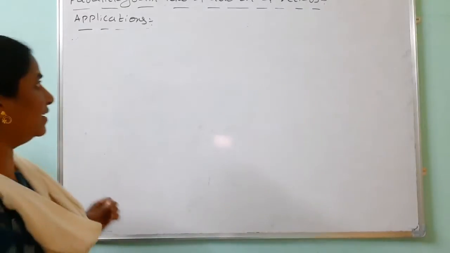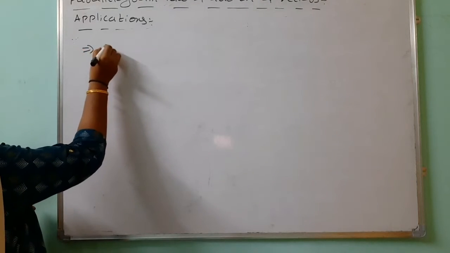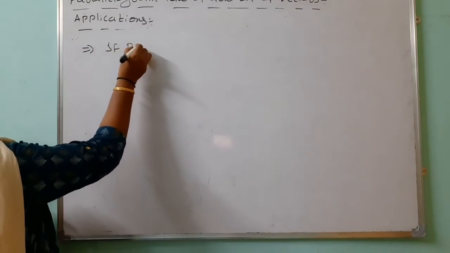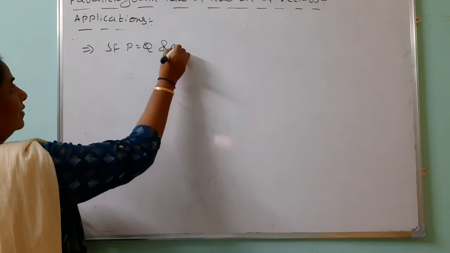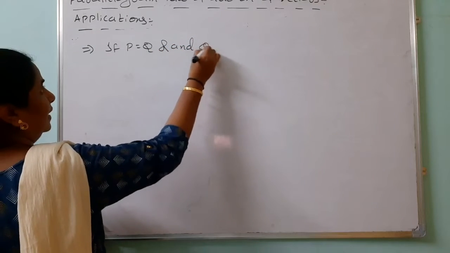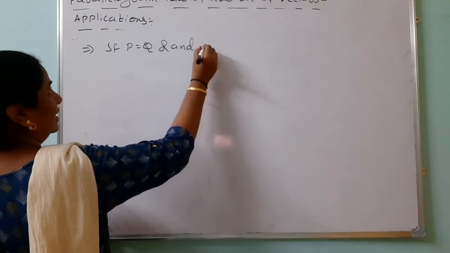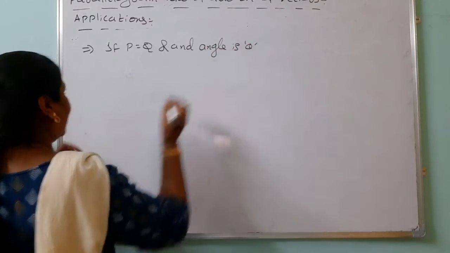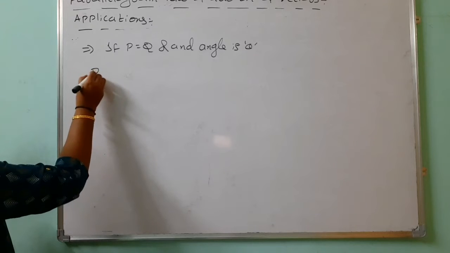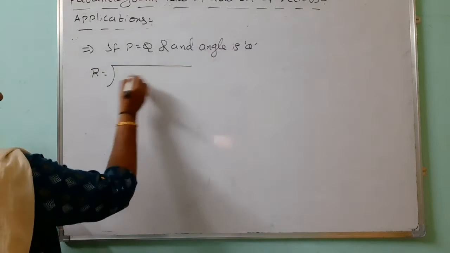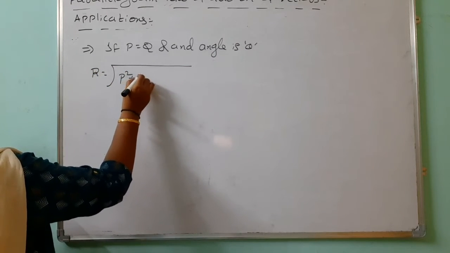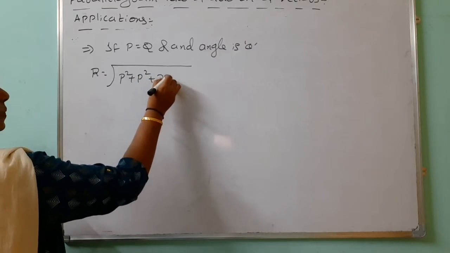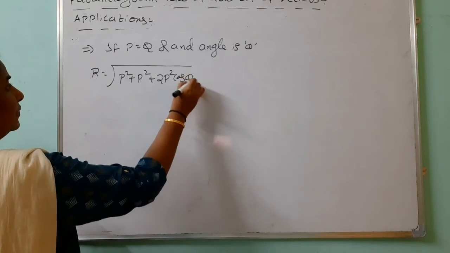Our next application is, look, if P equals Q and the angle is theta, how to find out the resultant in this case? R equals under root P square plus P square plus 2P square cos theta.